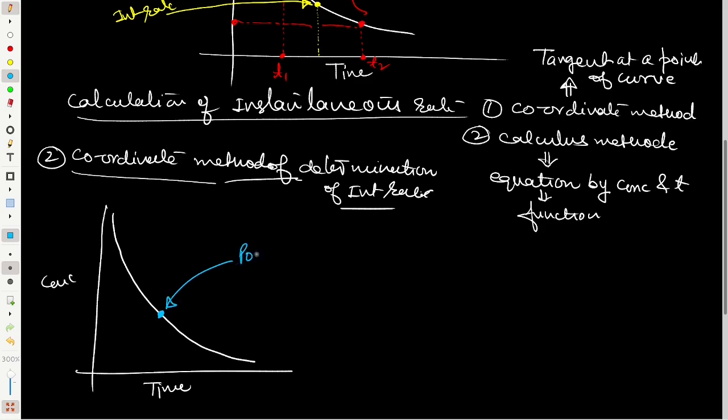This is the point at which we want to determine the instantaneous rate. So what we have to do? We have to draw a tangent. This is the tangent, like this.